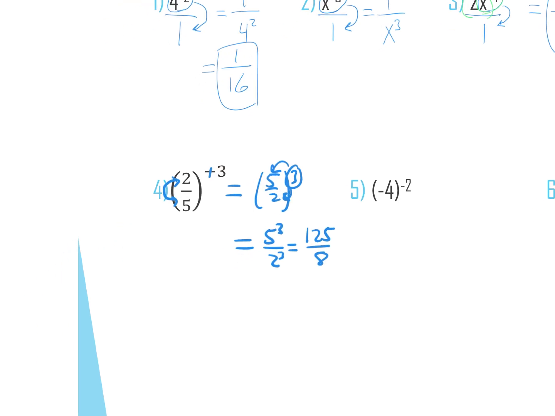If you didn't do that, and let's say from the beginning you decided to distribute that exponent, you would still get the same answer. So it's just a matter of personal preference, whatever you want to do. If I have 2 to the negative 3 over 5 to the negative 3, I would still take those bases and switch their places.